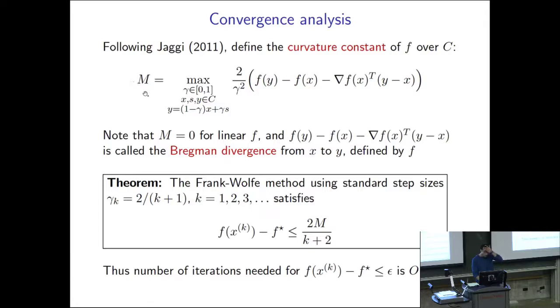And the Frank-Wolfe method with the step sizes that were given to you, 2 over k plus 1, the suboptimality that it sees after k iterations is upper bounded by 2 times that constant M over k plus 2. So if we swapped out this M for L, where L was the Lipschitz constant of the gradient, this would be the exact same result you have for projected gradient.